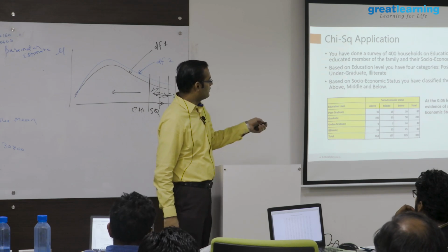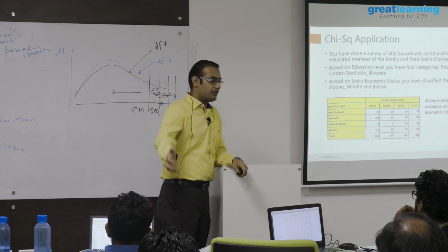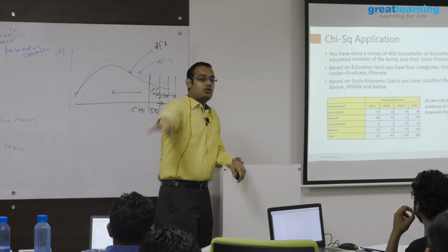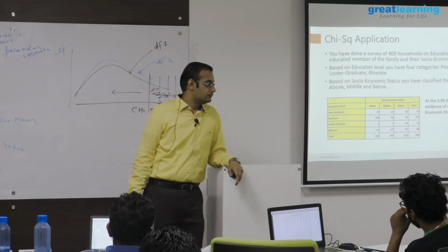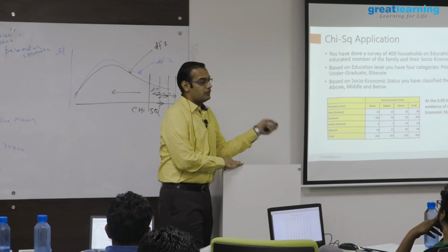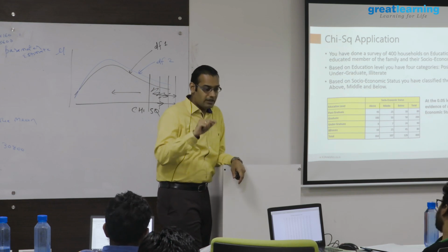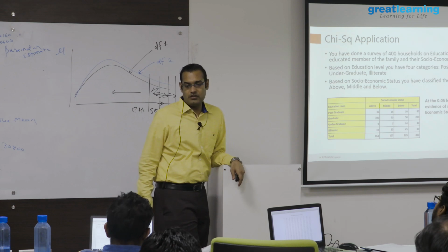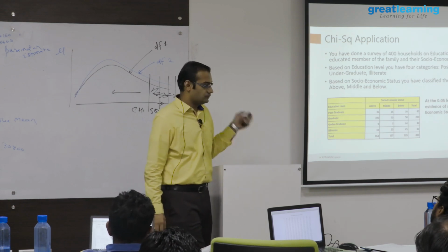And based on the flat, apartment, chawl, wherever they stay, you have made them 3 buckets. The socio-economic status is above, middle, below. Based on education and socio-economic status, you have to now draw a conclusion. Does education level influence the socio-economic status of the household? The data is given here.